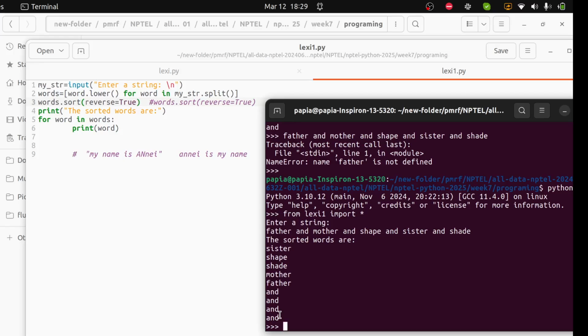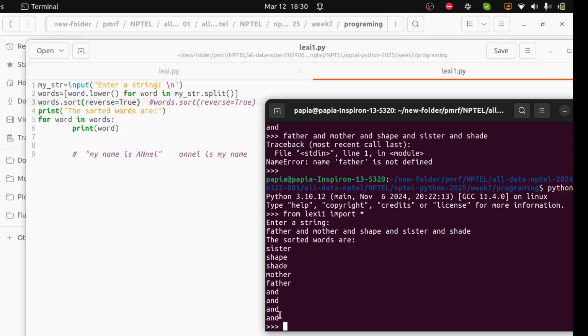Lexicographic means, as I already told, at the very first the smaller letter will come, then the greater letter, then greater, then greater. That can obviously be done with the help of sorting the words, right? So this can be done. And the next one is, if I want the reverse of this lexicographic order, what will be the answer?